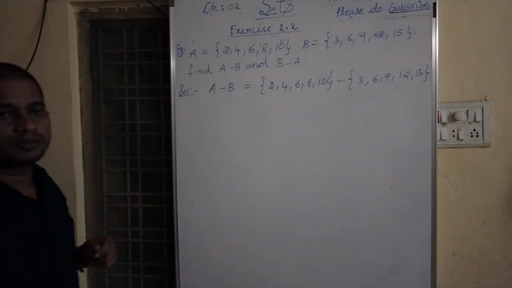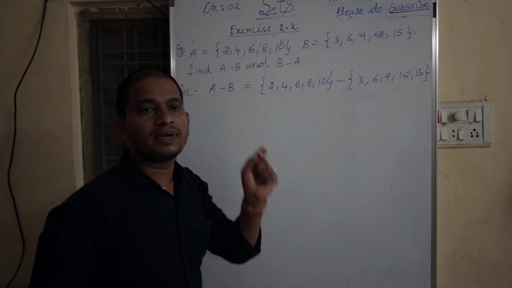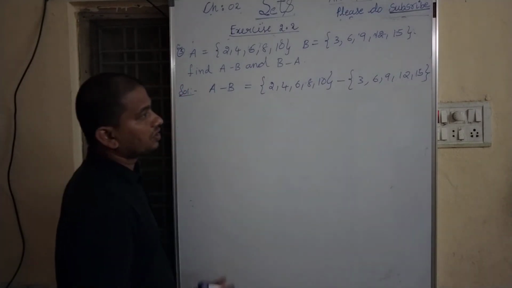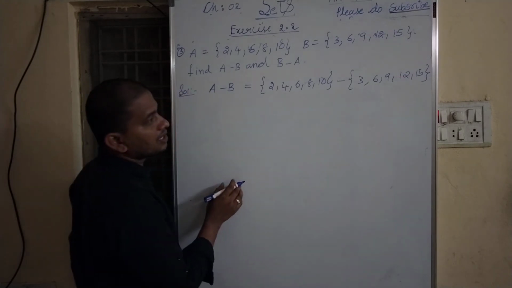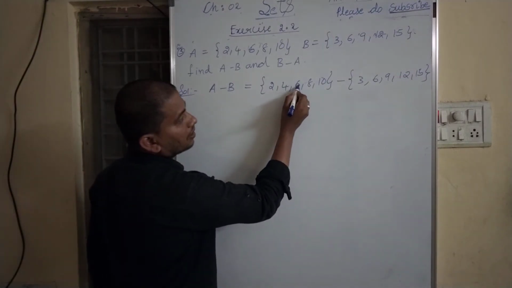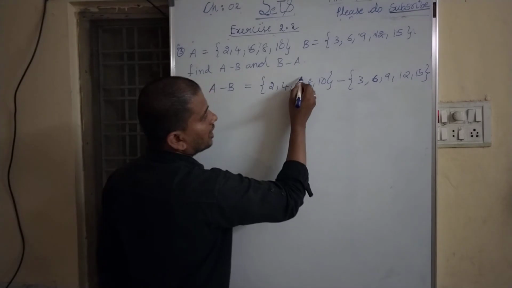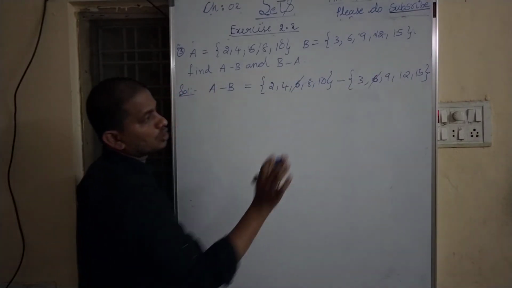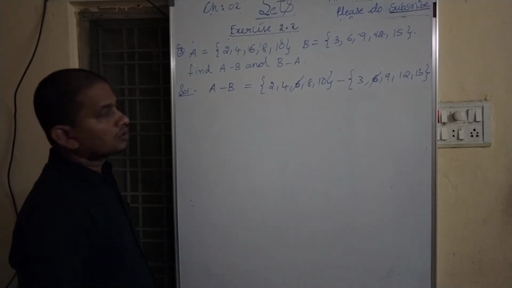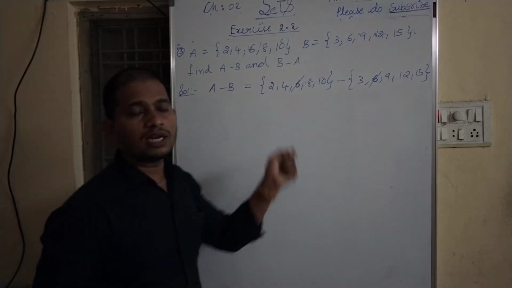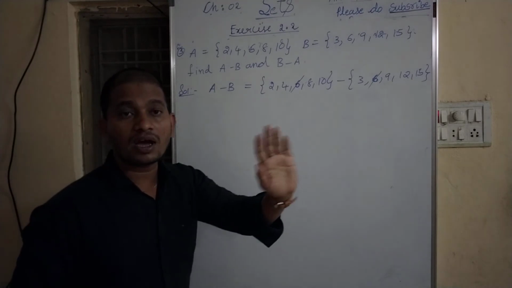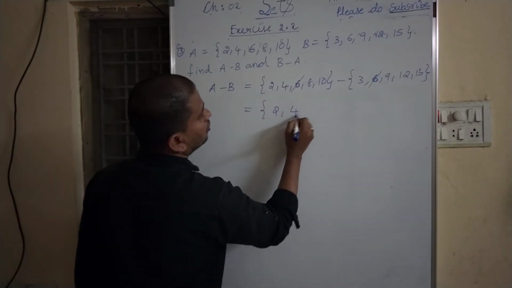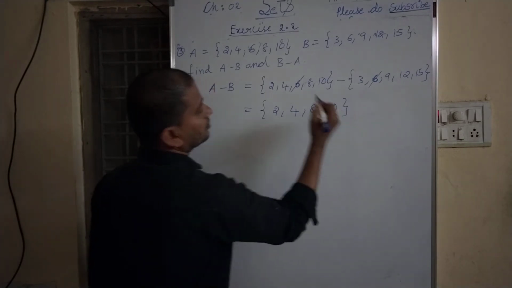A minus B is the set which contains elements only in A but not in B. You can observe here what the common elements are. Here 6 is there. Here also 6 is there. Let me cancel 6, 6. Here 8, 10, there are no common elements. A minus B means only the elements in A but not in B. So A minus B is equal to 2, 4, 8, 10.